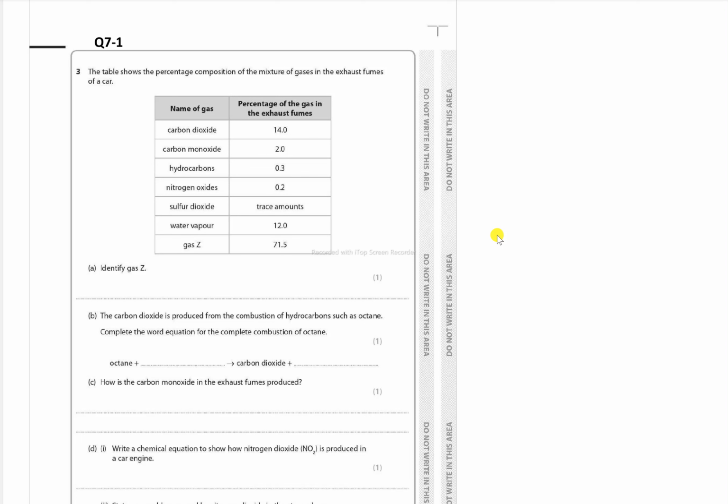So what they're saying is you had 14% carbon dioxide, 2% carbon monoxide, hydrocarbons, nitrogen oxides, sulfur dioxide, water vapor, and gas Z.